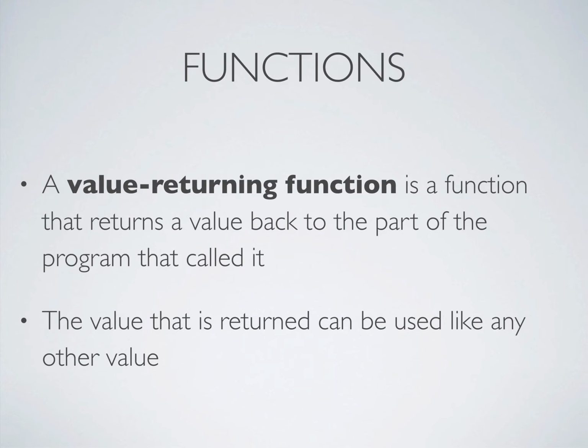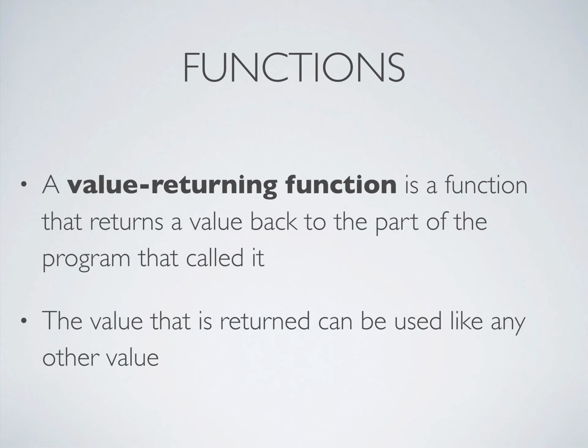Whenever I say a value returning function gives a value back to the program, what I really mean is that when you make a function call to a value returning function, you can essentially think of that function call as whatever that value is. Again, when we think about functions, there are two pieces to them. There's a function definition, which just defines what the function does, but doesn't actually run code yet.